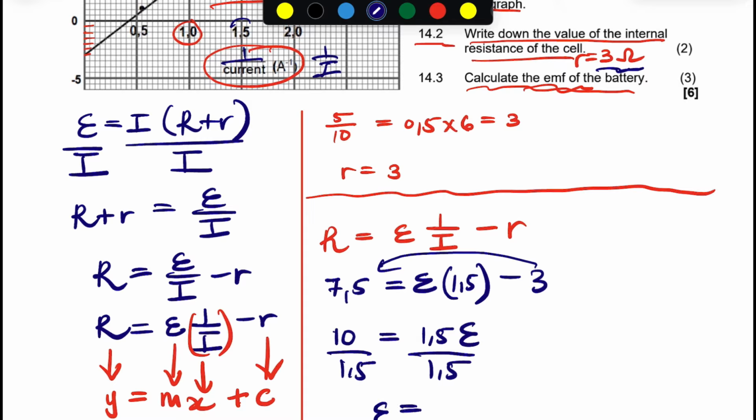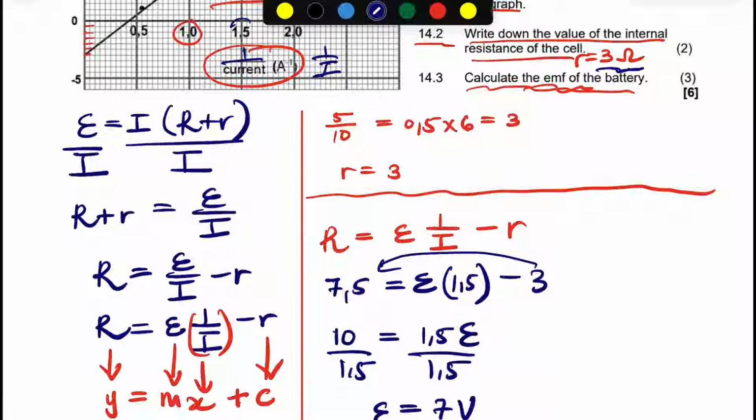So the EMF there, 10 divided by 1.5, it's going to be almost 7. It's going to be 7 volts, right?